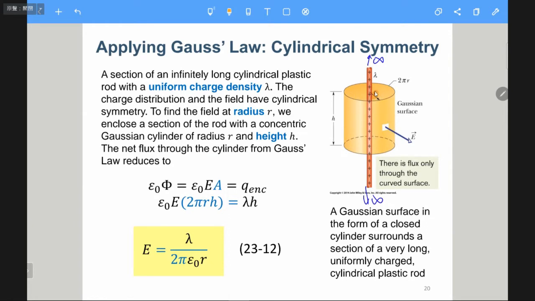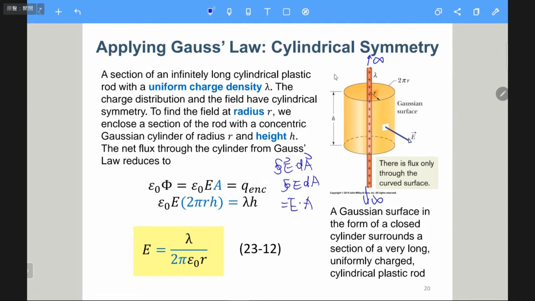Although with different r, the E might be different, for this cylinder the E should be constant. So E dot dA, with E in the radial direction, is nothing but E dA, and since E is constant, it is just E times A.